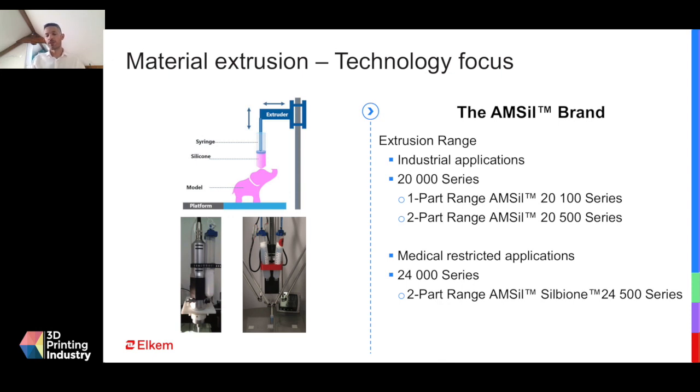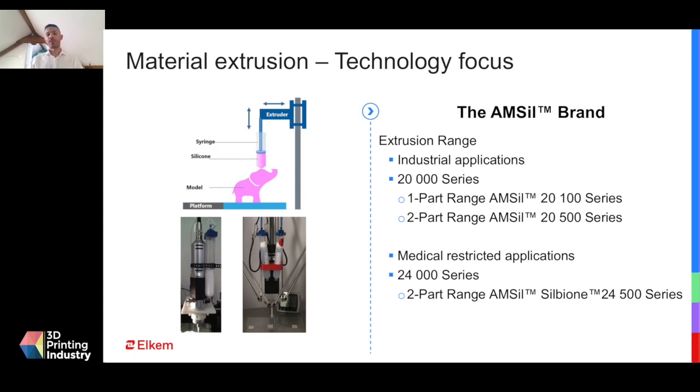Today, Elkem Silicones provides a new brand called AMSIL, and the products are mainly focused on the extrusion process. And these products are divided into two applications: one dedicated to industrial applications, and the other one dedicated to medical restricted applications.